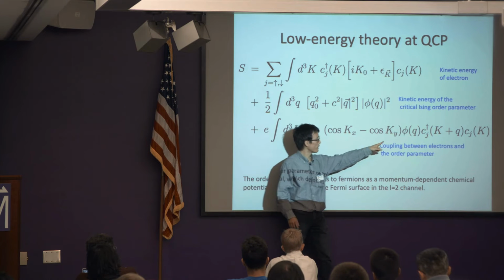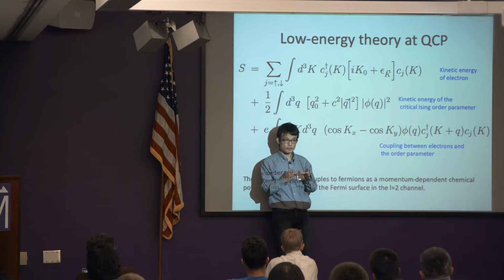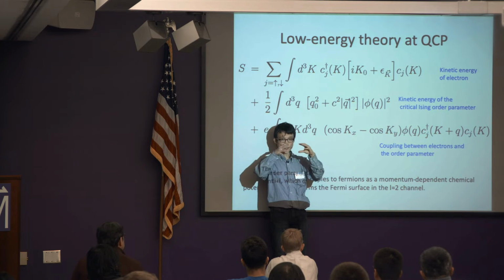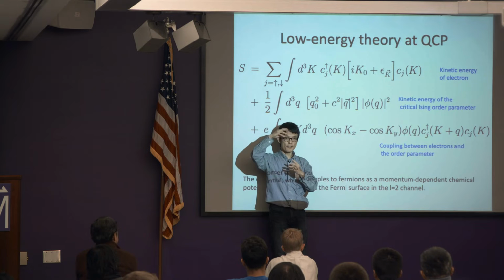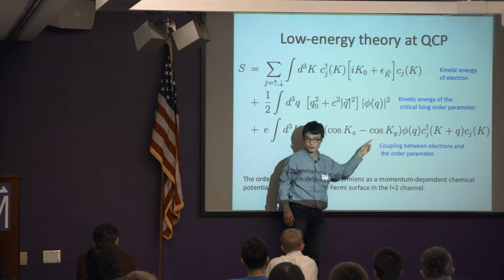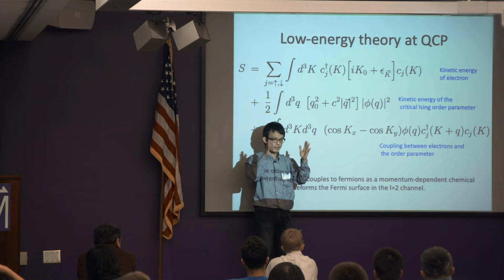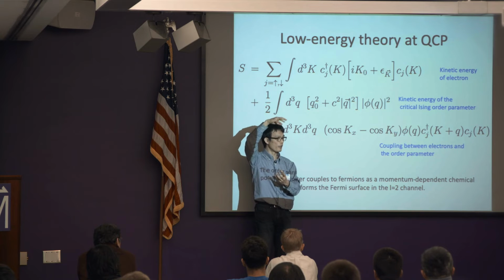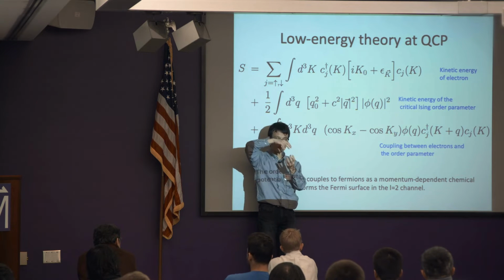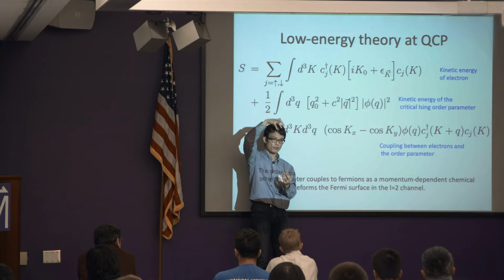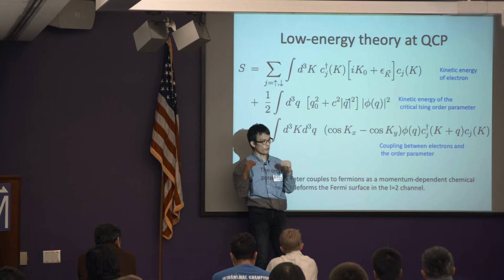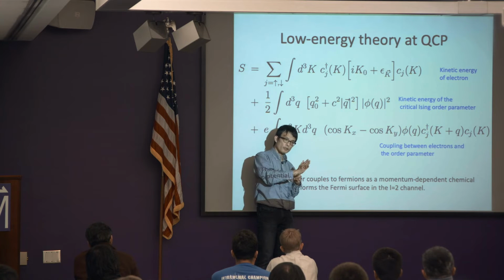So when phi has a positive expectation value, this term is positive in the horizontal direction and negative along the vertical direction, because of this sign structure. That means electrons are depleted along the horizontal direction and more populated in the vertical direction. So that describes a Fermi surface that is elongated along the vertical direction. Then when phi is opposite, it's the other way around. That's in the ordered phase.